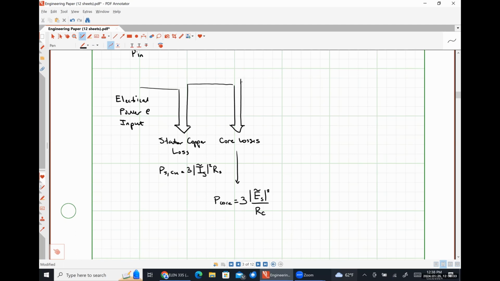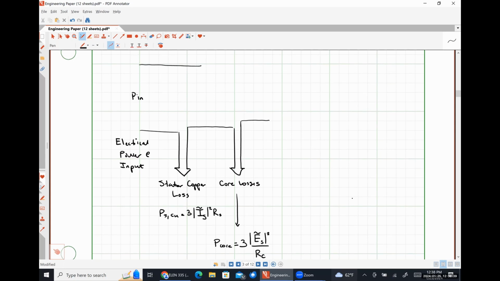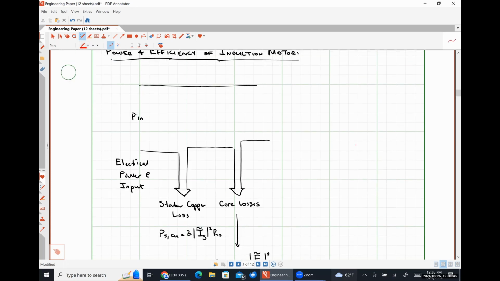And so now we're at the point where we're effectively hitting our air gap. So I'm going to put that red dashed line through here, letting us know where we're at. And I'm going to call the power at this point in our diagram P sub R.